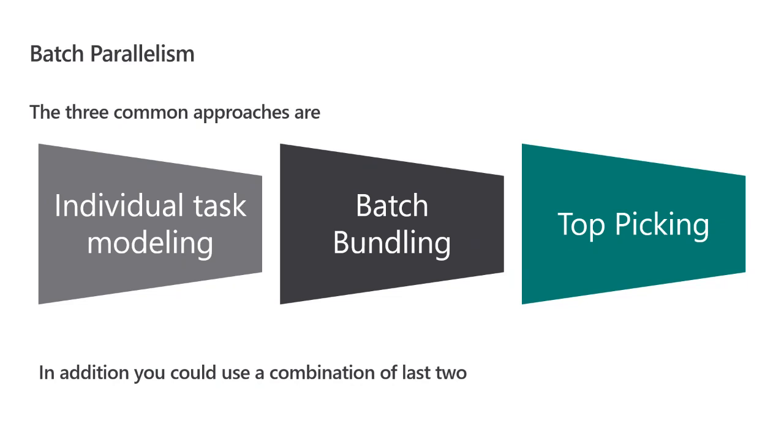Each of these approaches comes with pros and cons, and they should be selected wisely depending on the specific type of workload that you want to address. In the next couple of slides, I want to give you an idea about how each of these approaches behaves against different types of workloads.